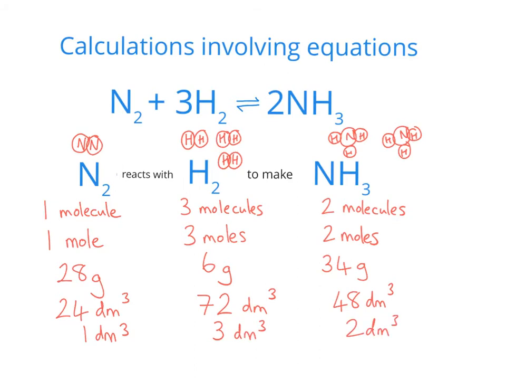So the ratio of the gases is exactly the same as the ratio of moles, because every mole of gas takes up the same volume no matter what gas it is. So I can get a lot of information out, and so we shouldn't panic when we get a mole calculation that involves lots of things, because we can get loads of information from the balanced equation.